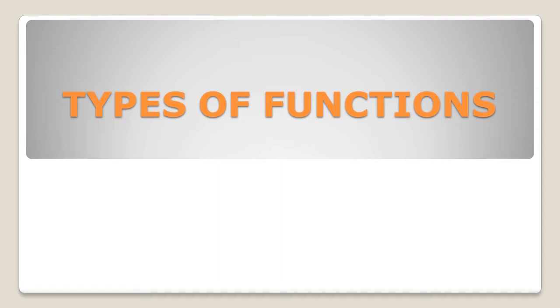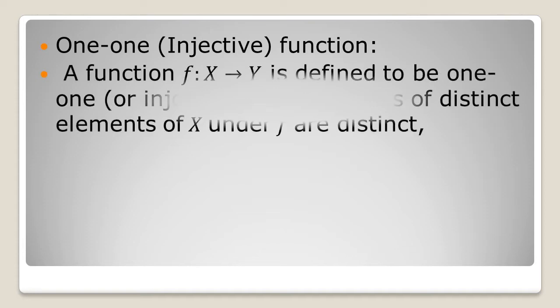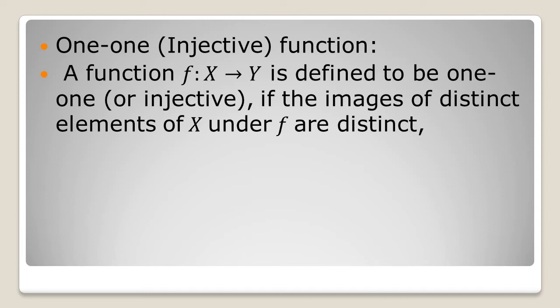Now, types of functions. The first type of function is called one-one function. It is also called injective function. See the definition. A function f from a set x to a set y is defined to be one-one if the images of distinct elements of x under f are distinct.